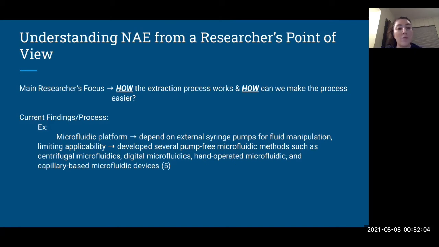For example, the microfluidic platform is known for depending on external syringe pumps for fluid manipulation, but that limits applicability. So they developed several pump-free microfluidic methods such as centrifugal microfluidics, digital microfluidics, hand-operated microfluidics, and a capillary-based microfluidic device. That shows how they are trying to figure out more convenient devices so that we can use them on a more well-rounded scale and be able to apply a lot of samples within them.